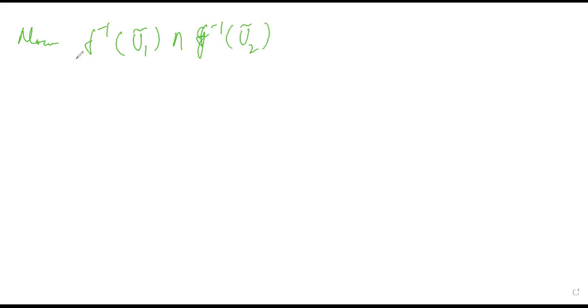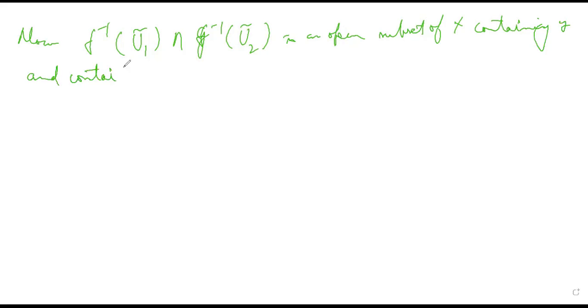Because each of these is an open set, and f y is in u1 tilde, so y belongs to this. g y is in u2 tilde, so y belongs to this. So y is common in this. So this is an open subset of Y containing small y, and contained in y2.